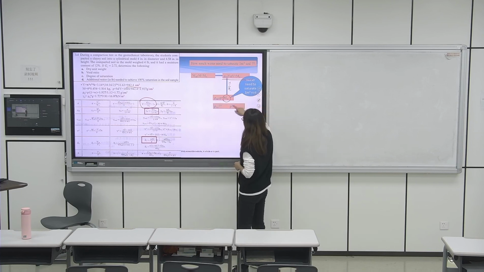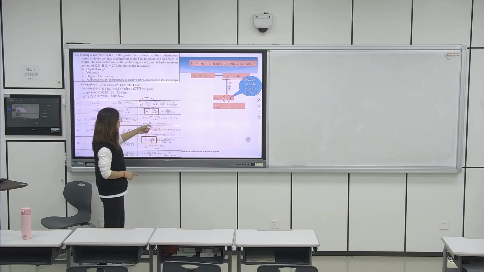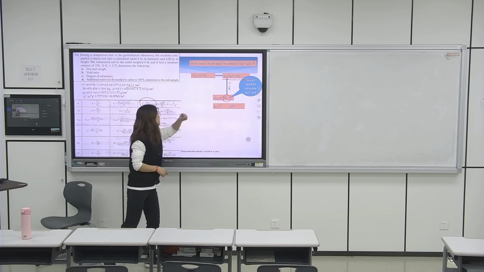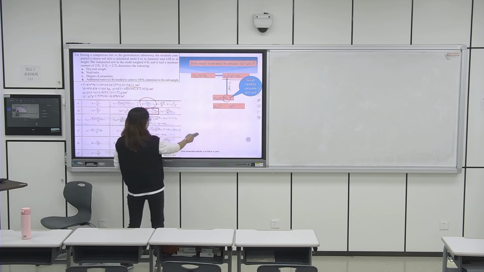So what is the saturated density, and what is the moist density? Saturated density can be calculated from the saturated unit weight: if you divide the saturated unit weight by gravity, you get the saturated density. And the moist density equals what? We have an equation in our textbook.